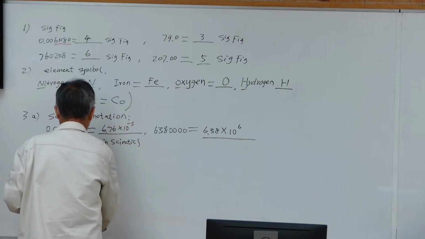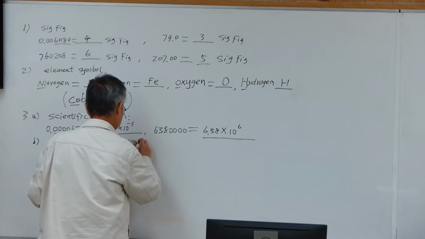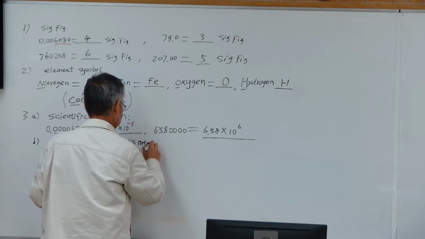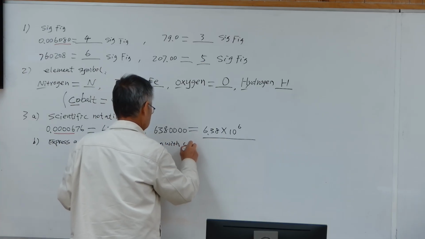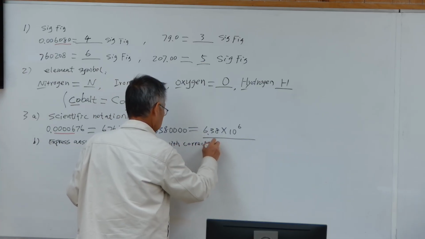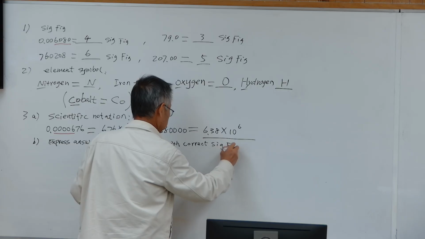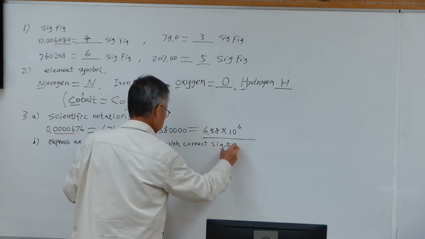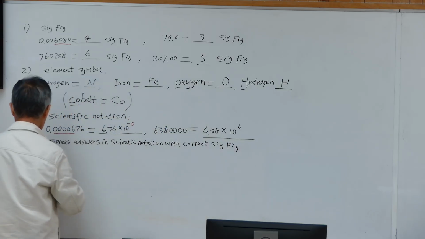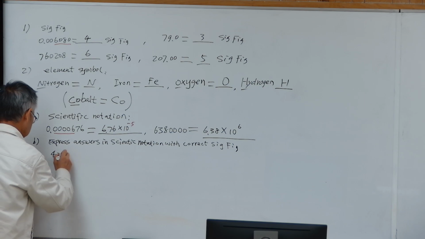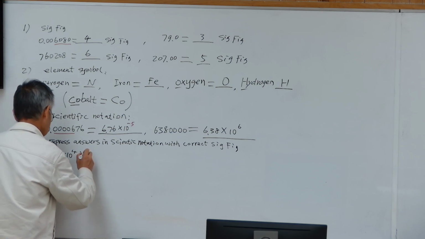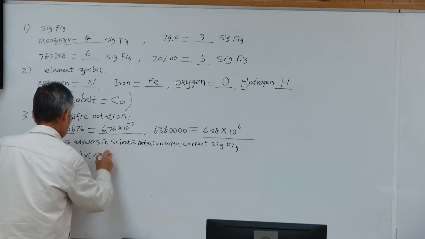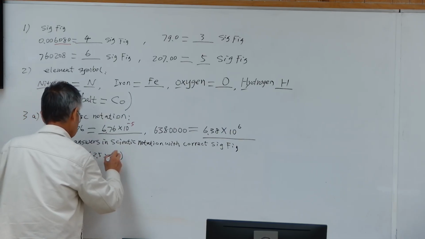Express the following answers in scientific notation with correct significant figures. The first one is 4.2 times 10 to the 4th power times 2.5 times 10 to the 6th power.